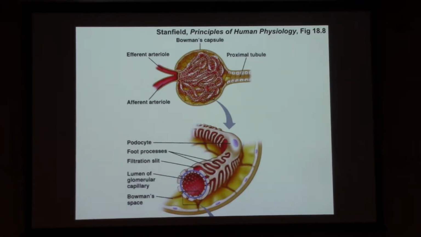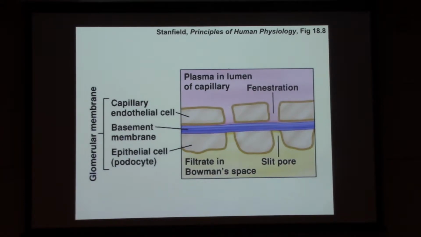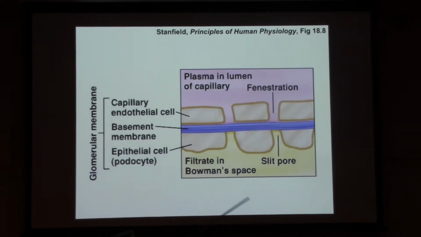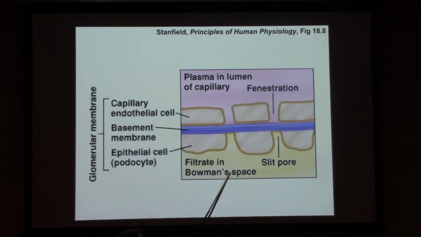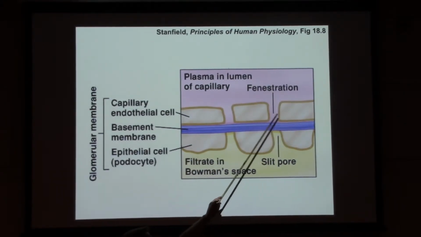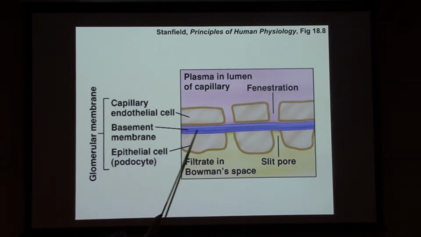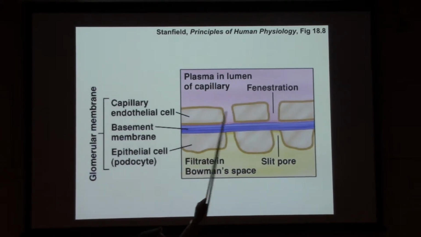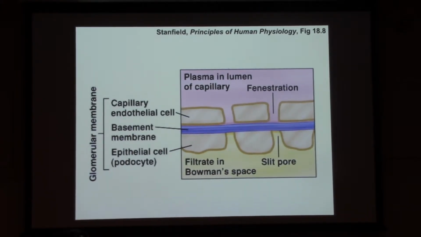All right. So here's another drawing, which shows this relationship a little bit differently. The top represents the lumen in the glomerulus, the capillary. The bottom represents the lumen of the tubule made up of Bowman's capsule. These big chunks represent the individual cells that make up these structures. And the blue here is the basement membrane. These cells form the capillaries making up the glomerulus.